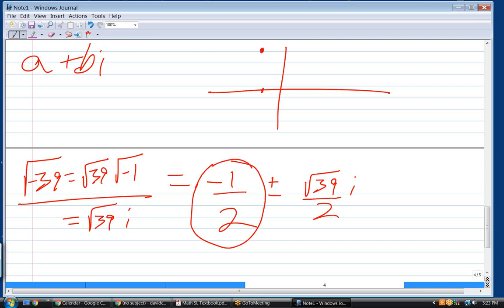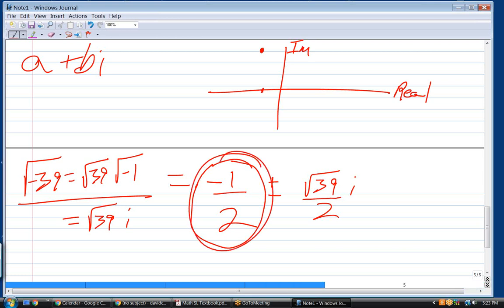So that point right there would be close to where that is. And remember, that's the imaginary, that's the real. When you're graphing complex numbers that are in standard format, the only numbers I have to graph are that one and that one right there.